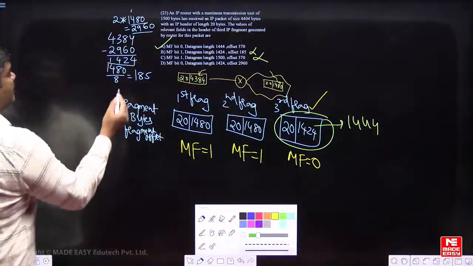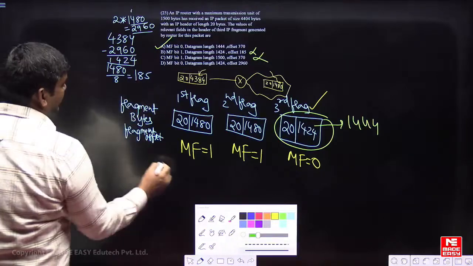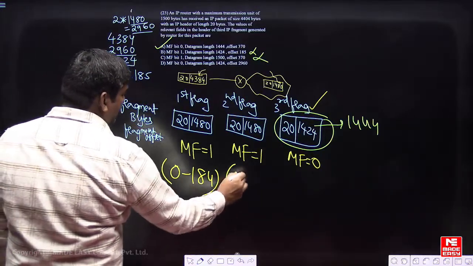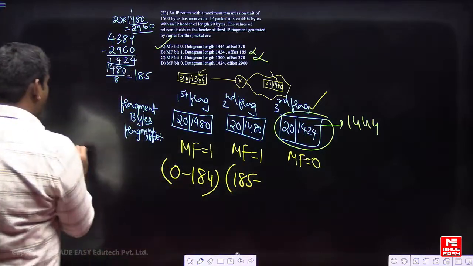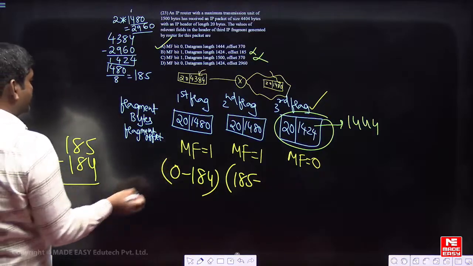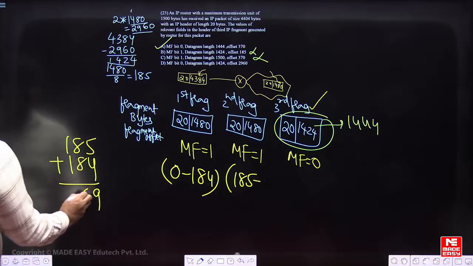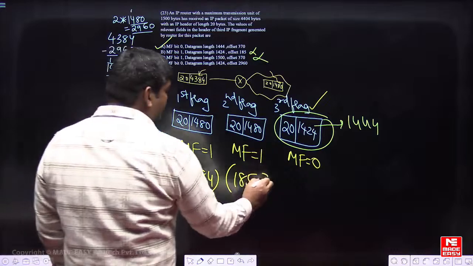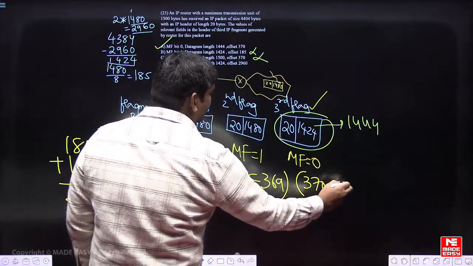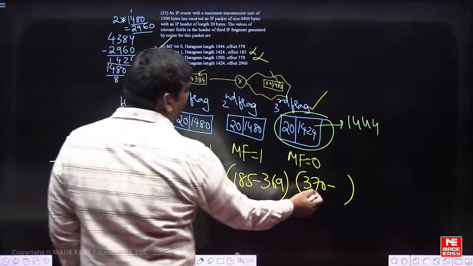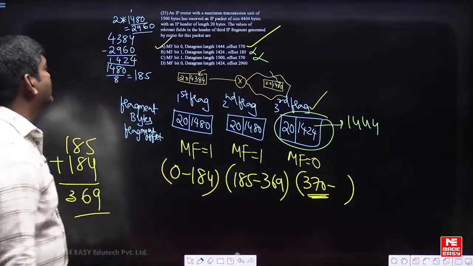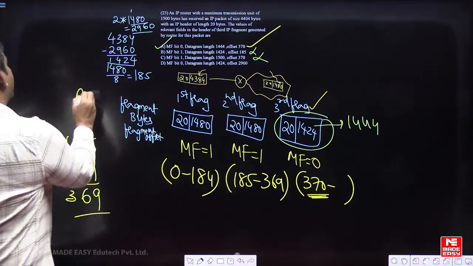From the fragment bytes, if you divide by 8, this is 185, meaning the first fragment covers 0 to 184, and the second fragment starts with 185. 185 plus 184, following the pattern, gives up to 369 for the second fragment. So the third fragment starts with 370. Now you see the offset for the third fragment is 370. Yes, all fields are satisfied. So A is the answer for this particular question.